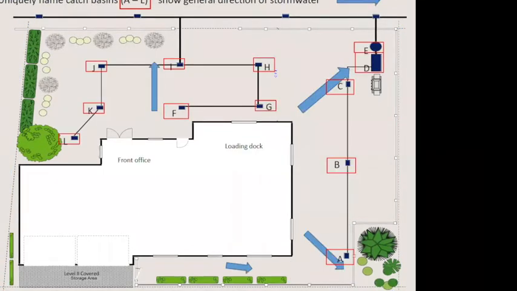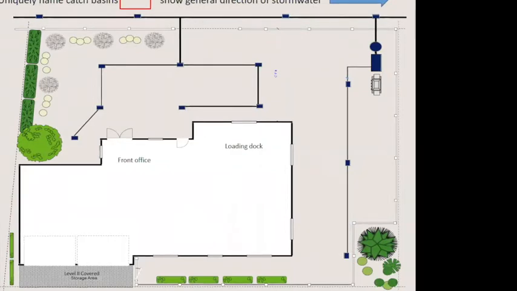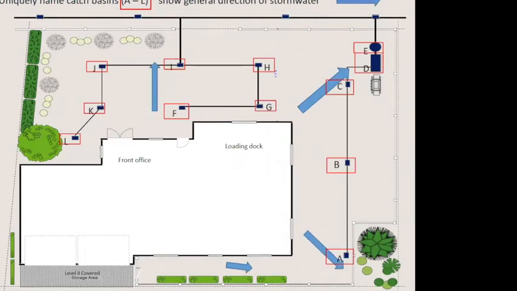Let's look at the next one. This one has uniquely naming catch basins and showing the general direction of the stormwater flow. So we've uniquely named all the basins.